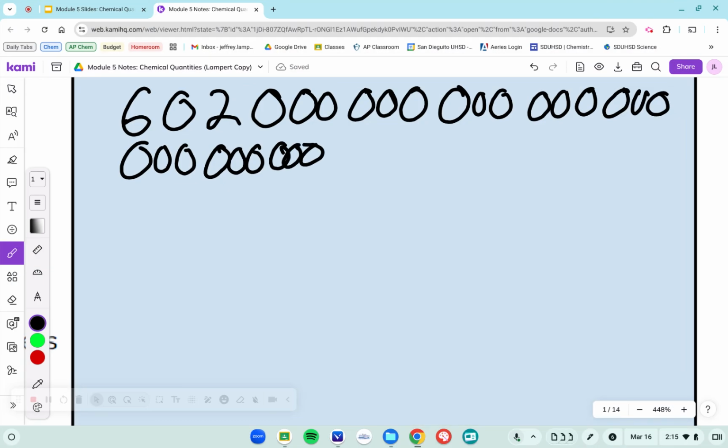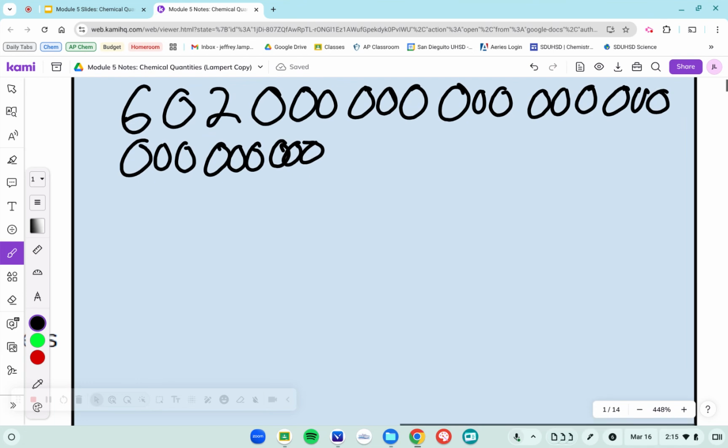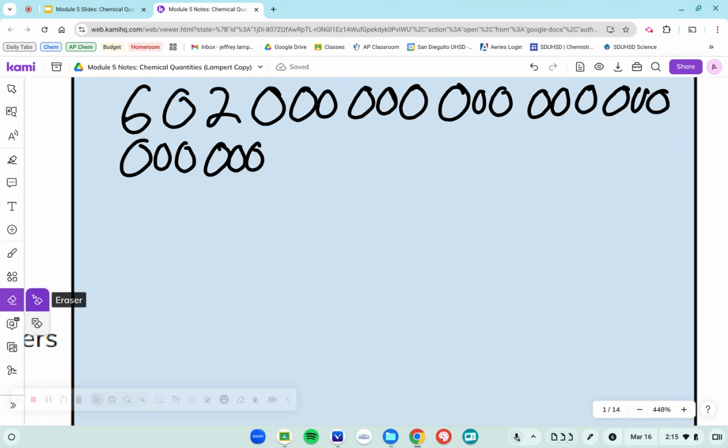That's assuming I counted correctly here. But if I did, we should have 0, 2, and then 21 more zeros. Was I right? All right, I thought I might have. All right. So writing this out sucks.